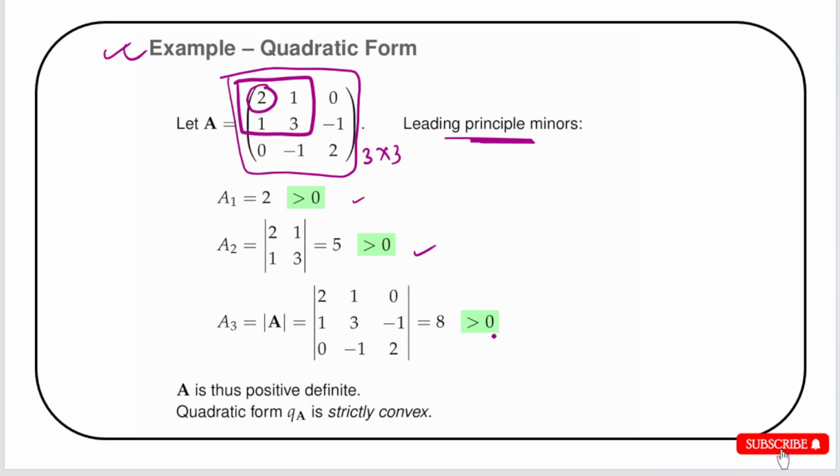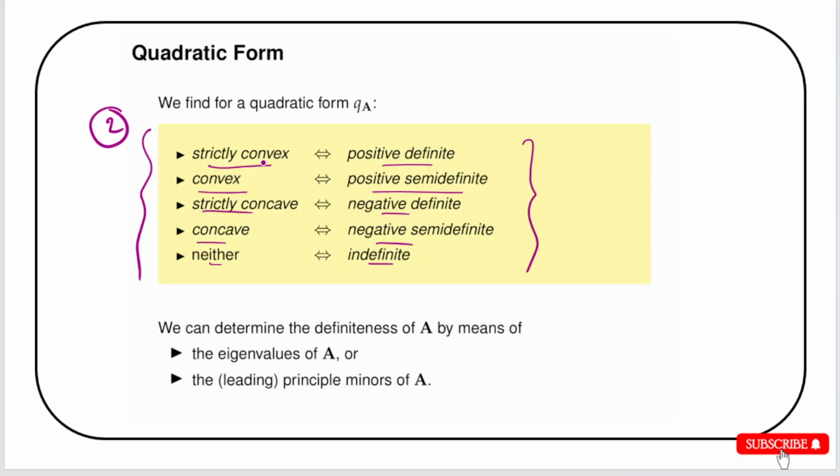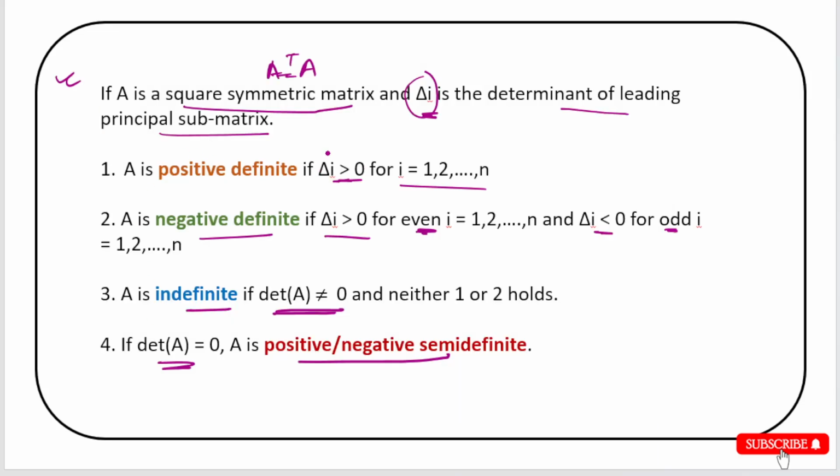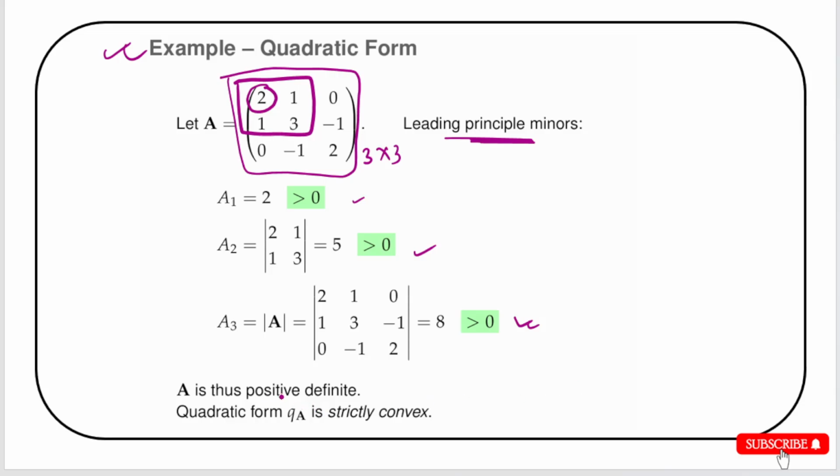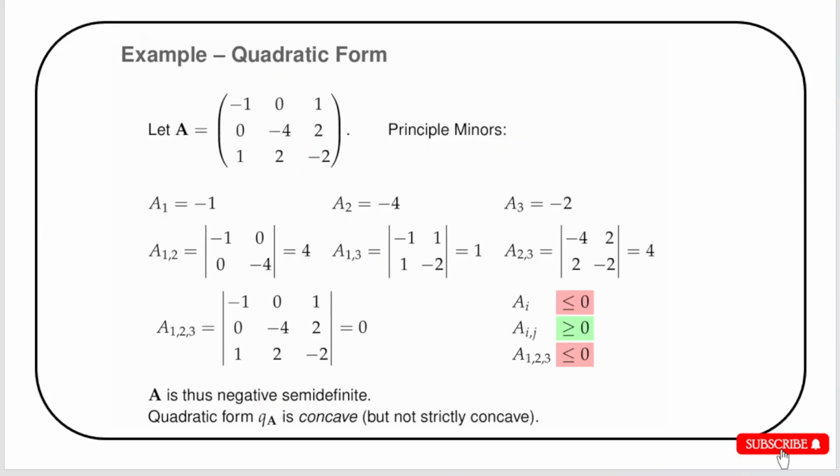If you take the determinant, you see this is also positive, and we have explained that if the matrix is positive definite, every leading principal minor determinant will be strictly greater than 0, and that is the case here. So the matrix is positive definite, and the quadratic form associated with this matrix A will be strictly convex. This is another way of doing the concavity and convexity analysis.